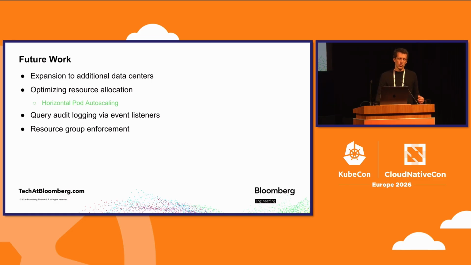Trino worker pods are statically defined today via an algorithm that we built, so we are working towards HPA-driven scaling that adjusts workers' replicas based on query load, CPU utilization, and JVM metrics, allowing the cluster to scale up during peak demand and to reclaim resources during idle periods.